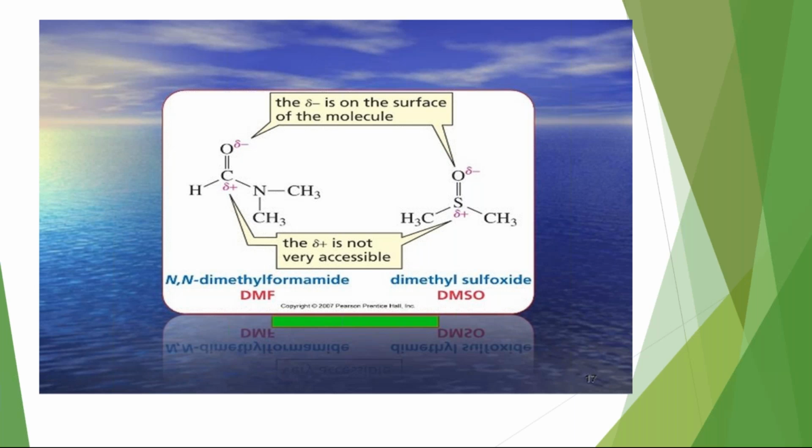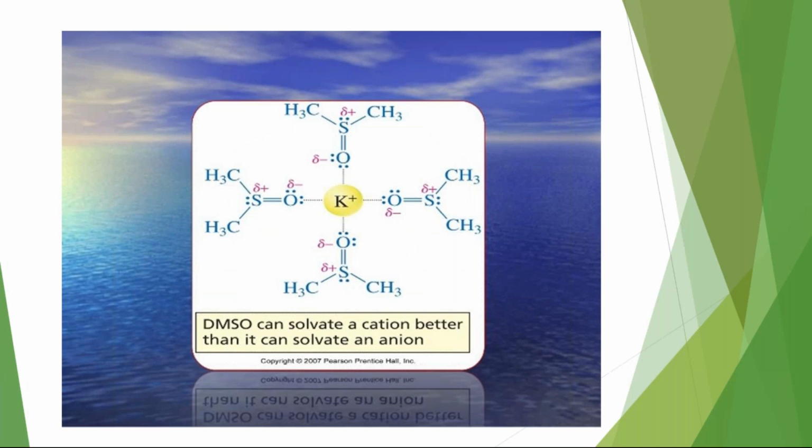They are not very easily accessible as compared to the oxygen atom because they are a little inside. So DMSO can solvate a cation better than it can solvate an anion. Why? Because the oxygen atoms are on the surface and they possess a partial negative charge, so they can attract cations like potassium ions, and they can solvate them easily.